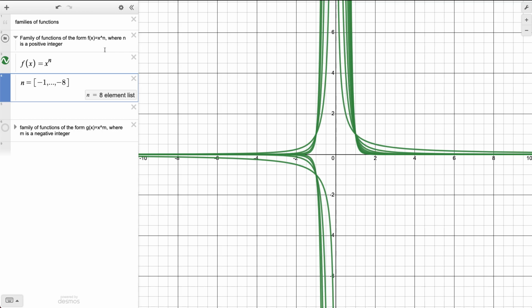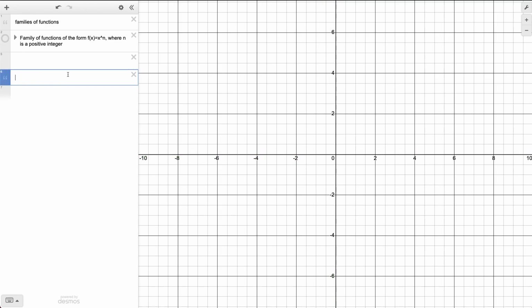So, another example that you might try is, say, I'm going to turn this off. The family of functions, of linear functions, where the slope of the line is, say, I don't know, -2/3.